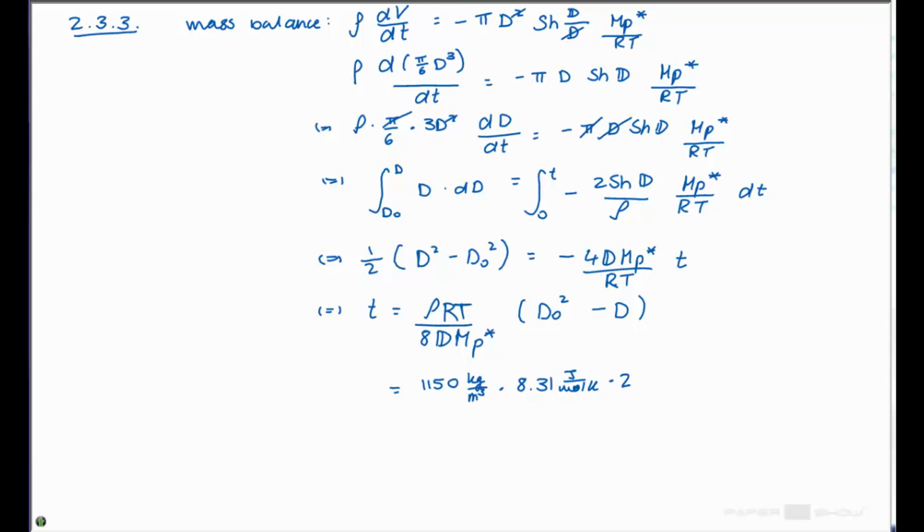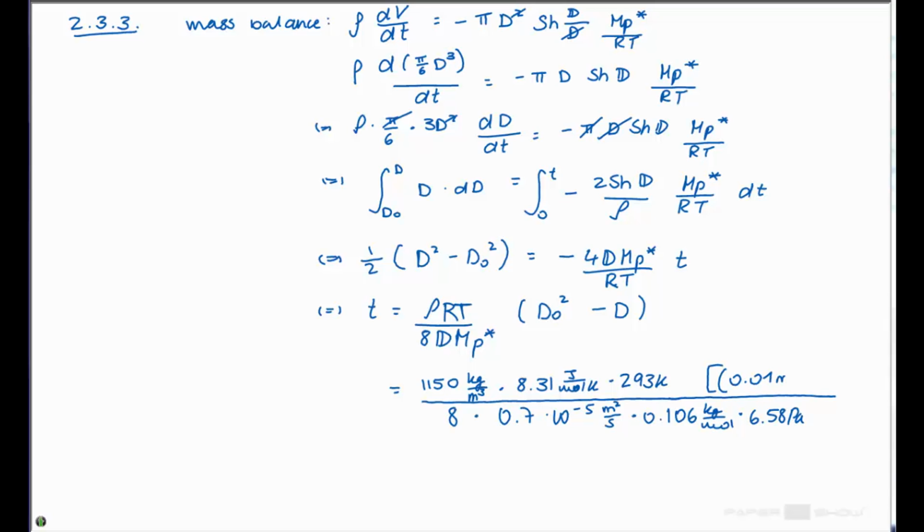So integrating this and isolating t will give 62.23 days. So as you can see, 62 days, that's a very long time.